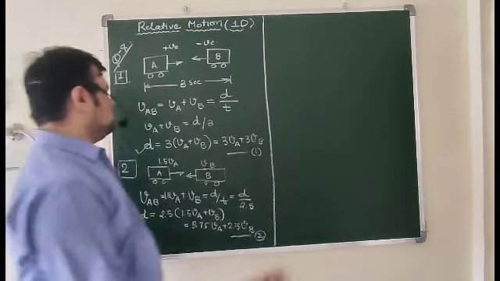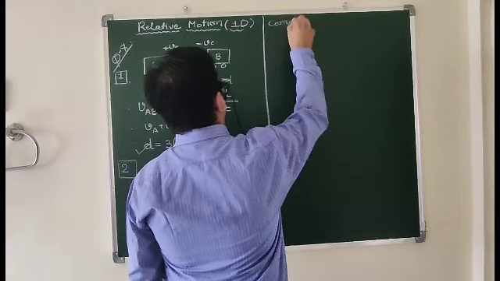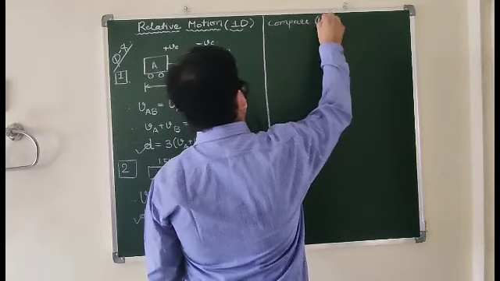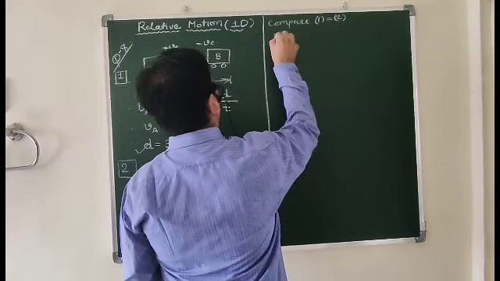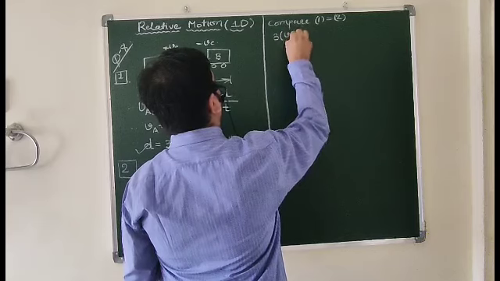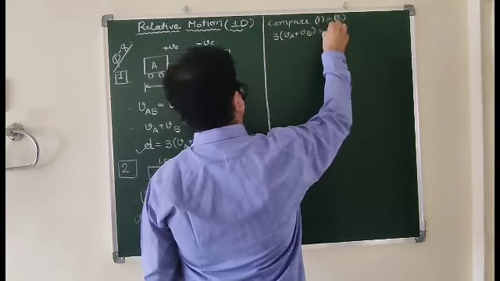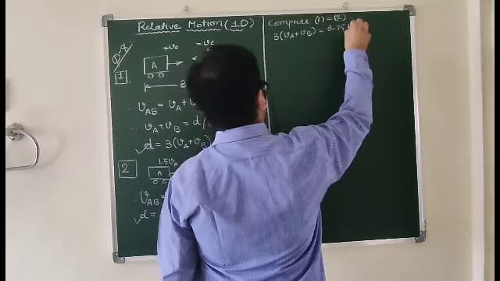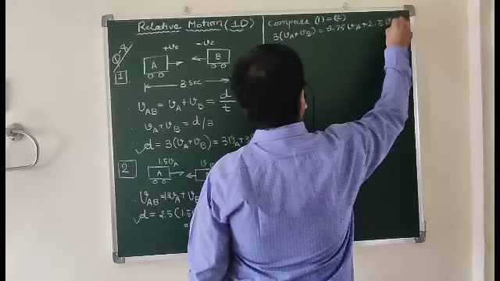So we compare both the equations, equation 1 is equal to 2, so it will become 3VA plus 3VB is equal to 3.75 VA plus 2.5 VB.